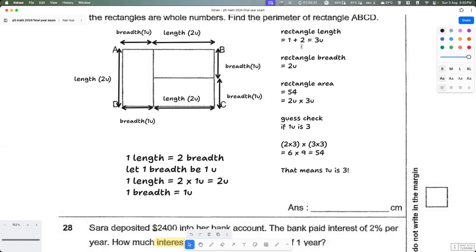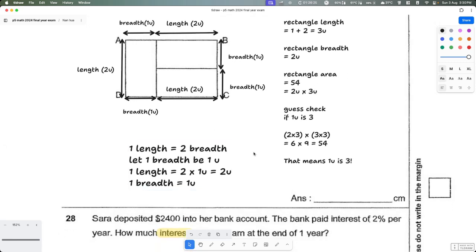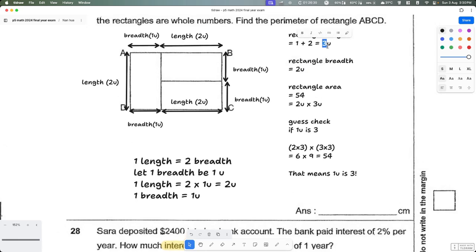Yay. Okay, so from here, find the perimeter. We know the rectangle breadth and rectangle length. So rectangle perimeter is equal to 2 units plus 3 units plus 2 units plus 3 units, which is equal to 10 units, right? So 2 plus 3 is 5, just times 2.